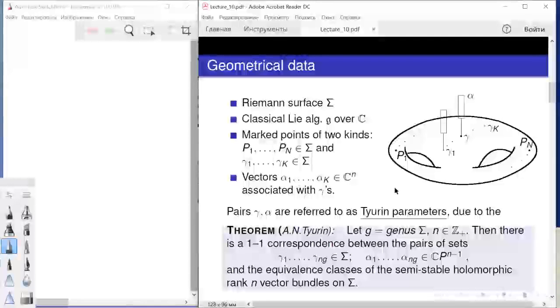With every point, we associate an n-dimensional vector. Let's denote them alpha 1 and so on, alpha k, and alpha s is associated with gamma s.